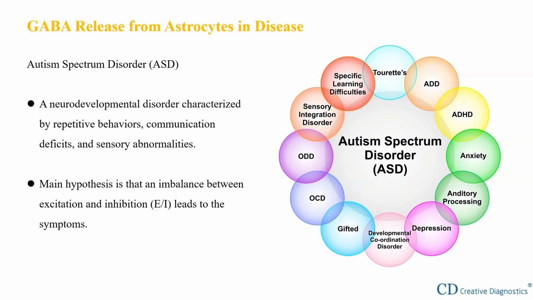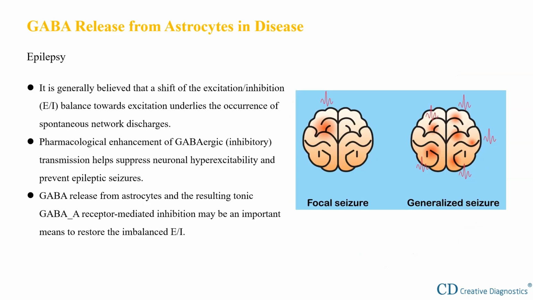Besides enhanced glutamatergic synaptic input, elevated extracellular glutamate levels may also cause excitotoxicity in ASD. Similar to the excitatory effect of glutamate, a reduction in extracellular GABA levels may also shift the E/I ratio toward excitation.